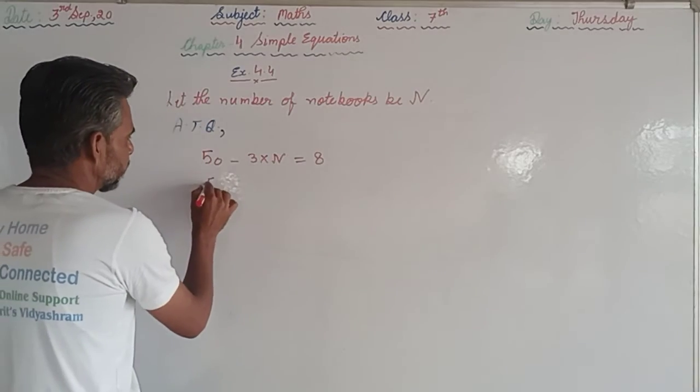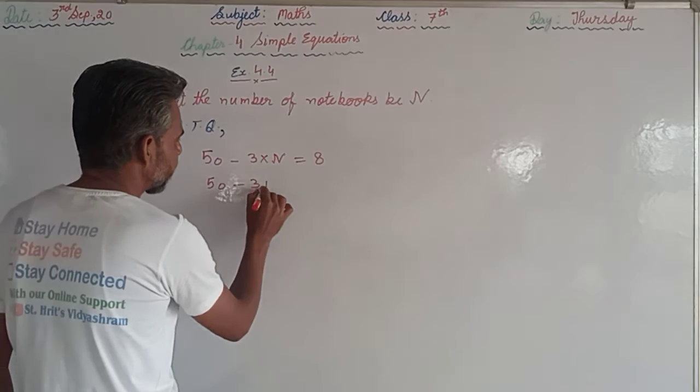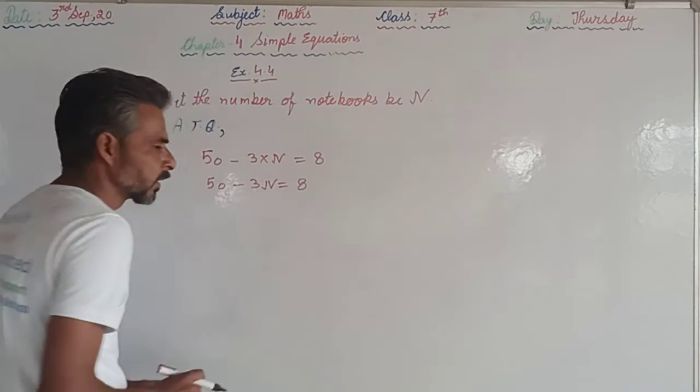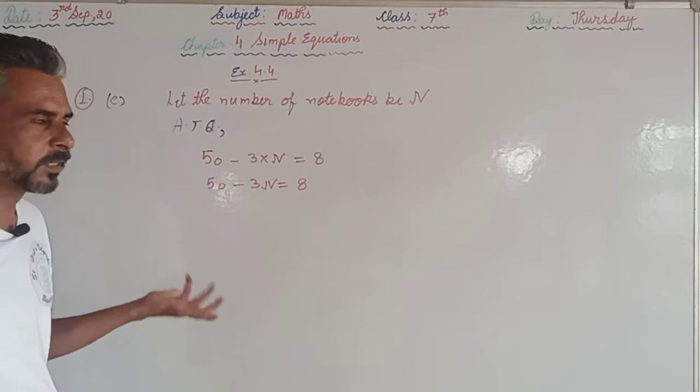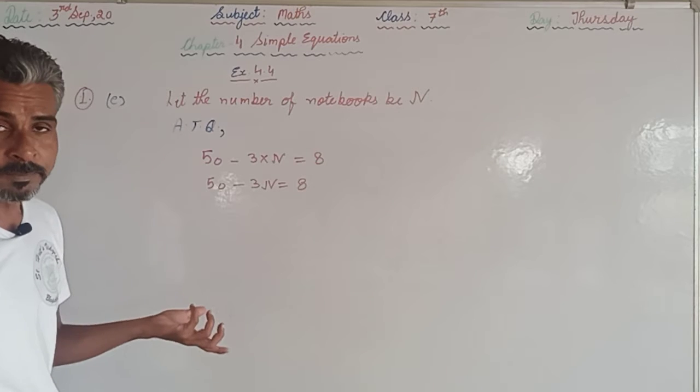So the equation is 50 minus 3n is equal to 8. So the first part has been done, means we have framed the simple equation.